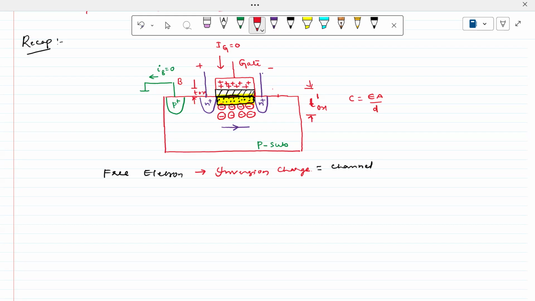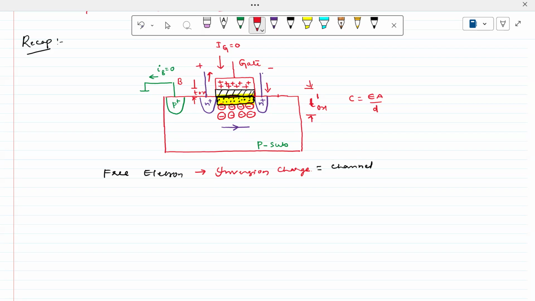Since this is a positive terminal, all the electrons are moving to this side now. Sorry, these are repelled here. Let me write it this way. So these are moving in this direction.